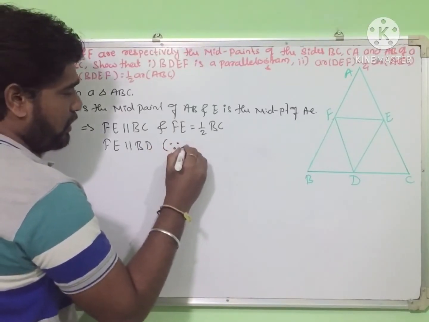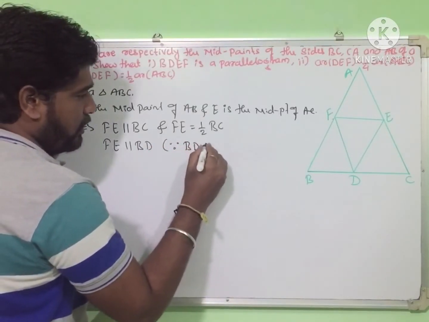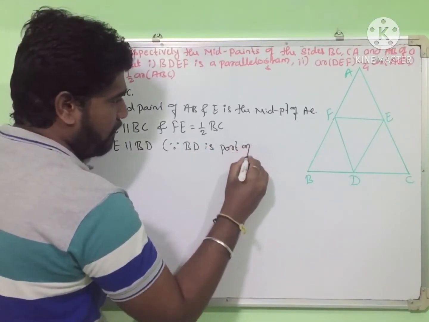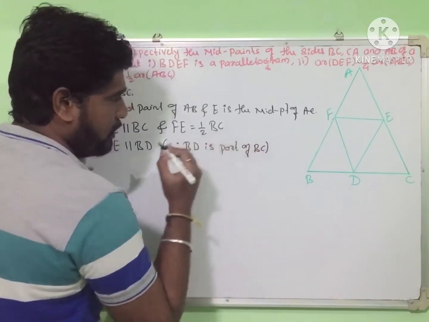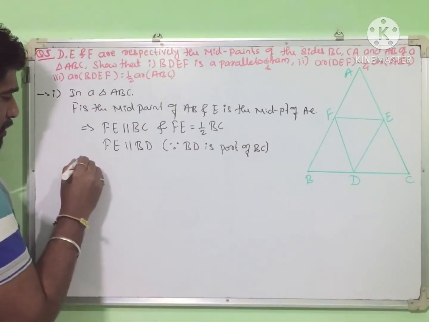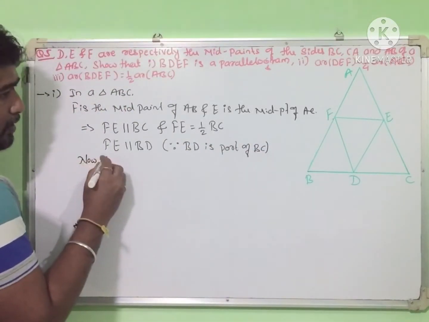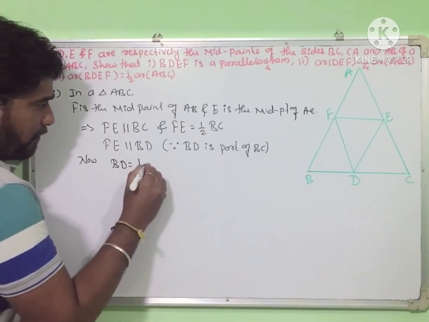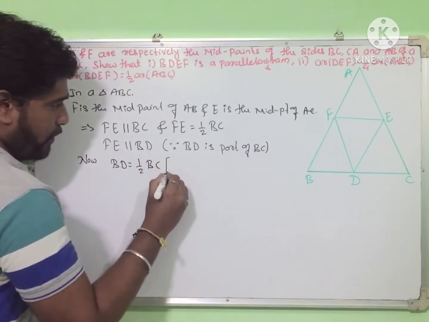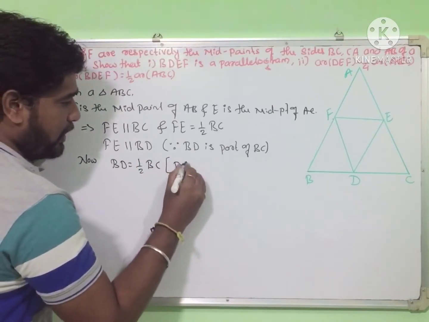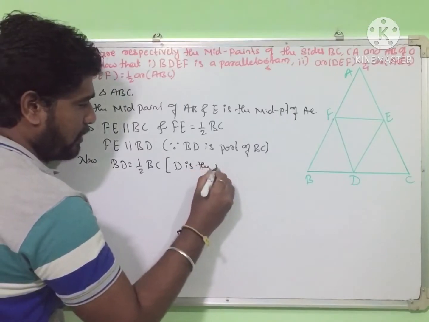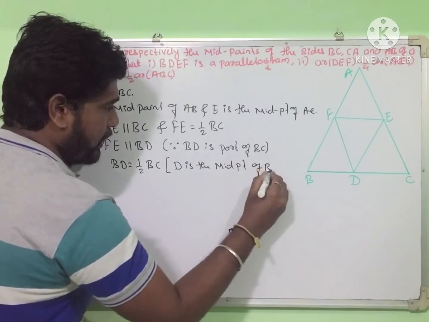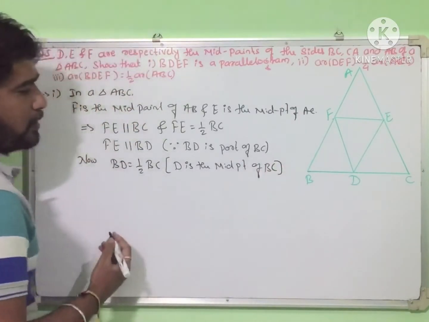So write down the reason here. BD is part of BC, right? And now BD is equal to half of BC because D is the midpoint of BC, right?